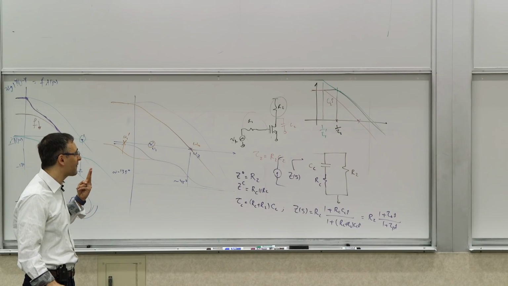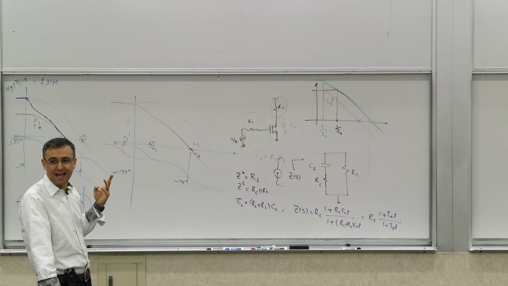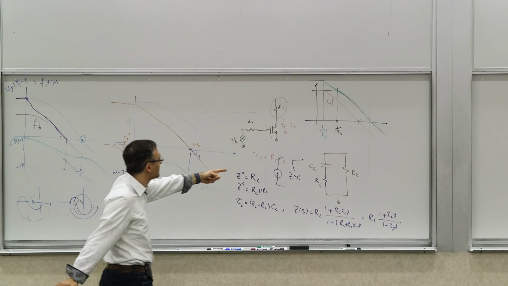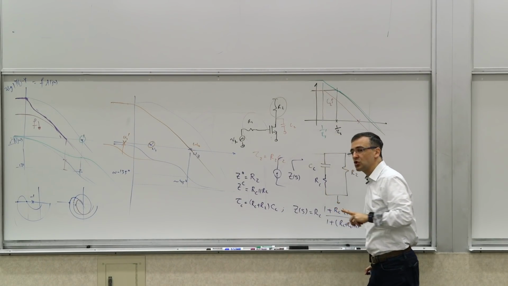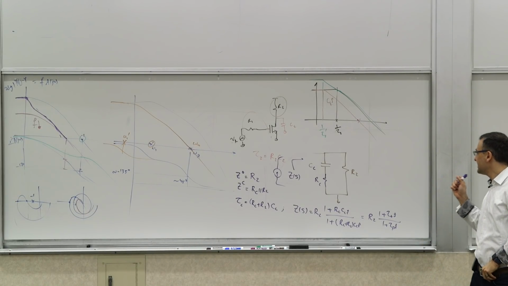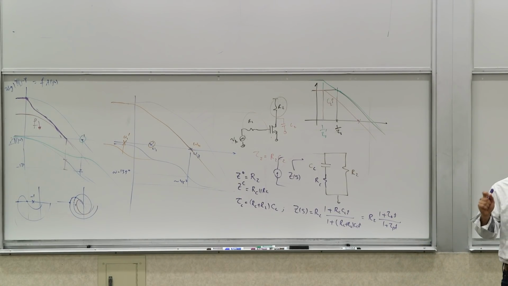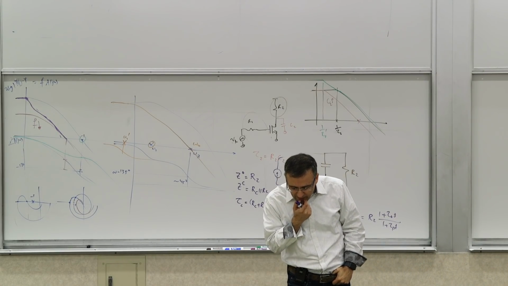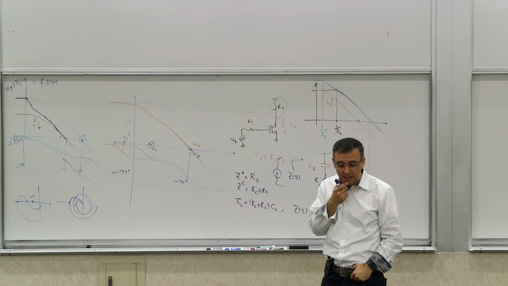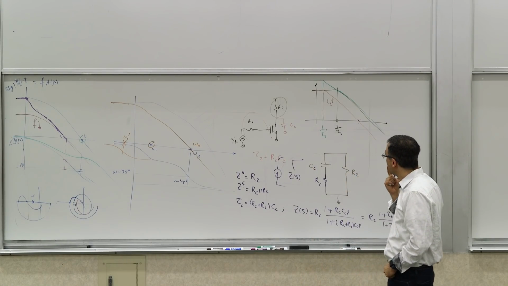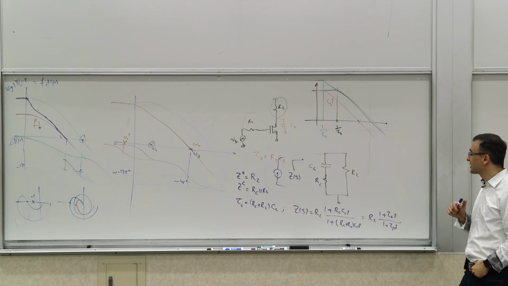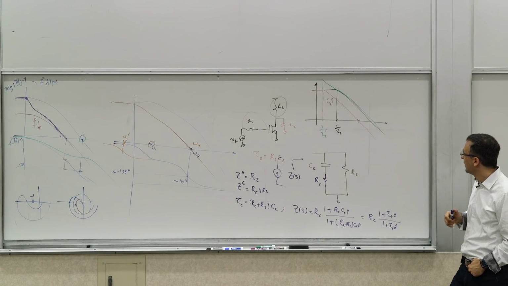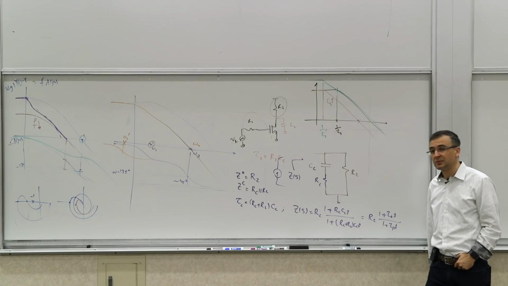But you already have 2 degrees of freedom, CC and RC, that you have introduced, this capacitor and this resistor. So you have 2 degrees of freedom, but there's a limitation. This cannot produce any kind of arbitrary pole-zero constellation. There's one constraint: look at the time constants for the zero and the pole.